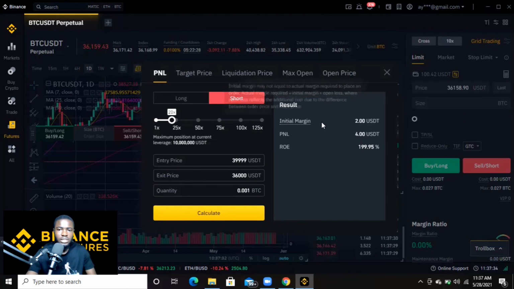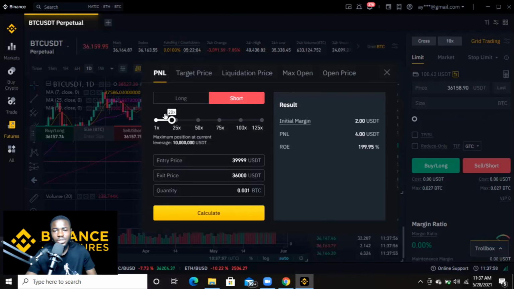So calculate. You can see that I'm going to be making a profit of $4 if I am shorting. If I am shorting at 40,000 and it goes down to 36,000, I'm going to be making profit. But if I short at 40,000 and the price goes to 45,000, for example, I am going to be making a loss. So basically, this is how it works.